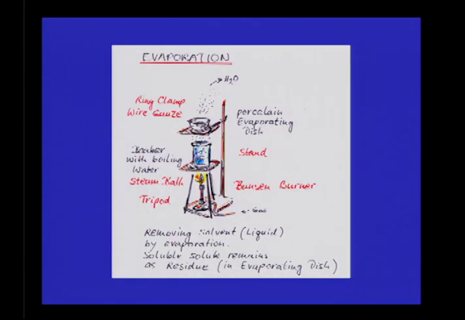Another technique to get rid of the solvent from the solute, or let's say we do not have a precipitate that we can easily filter out, then we can just evaporate the solvent.